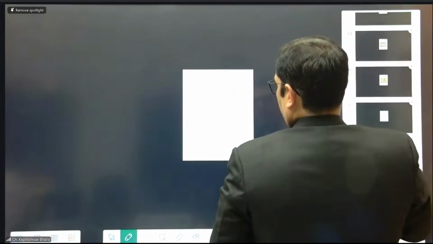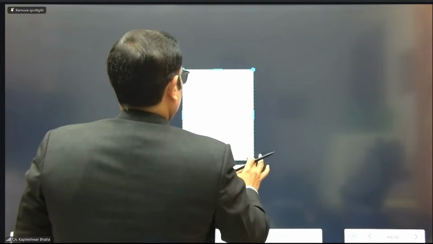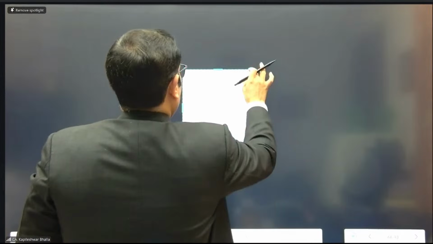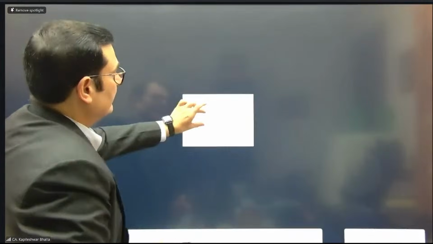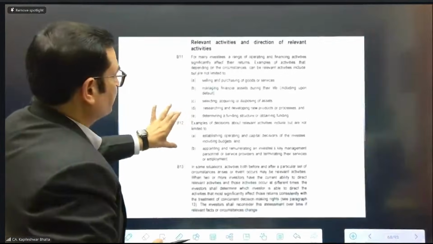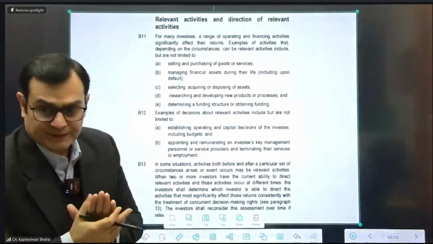Yes, so here we've got interesting examples on the relevant activities. Let's take you to paras B11 and B12 in the appendix to the standard. I hope that is visible, right?